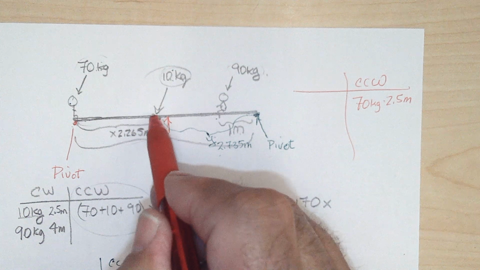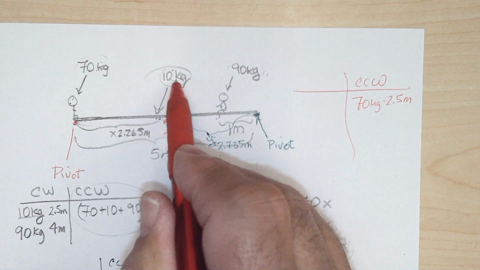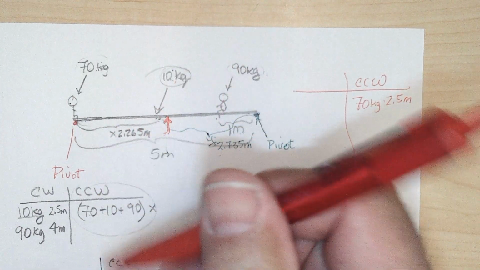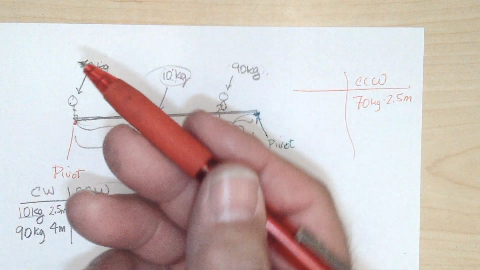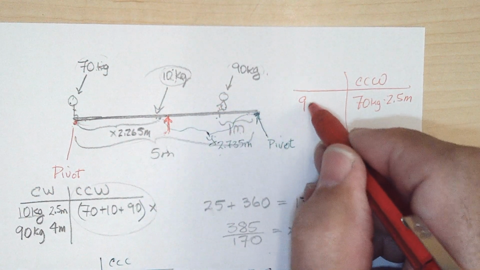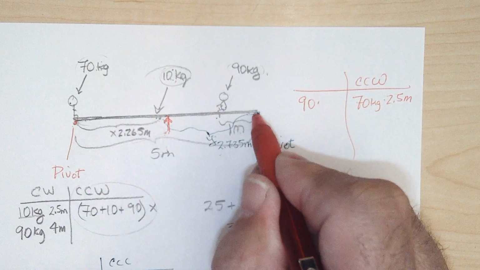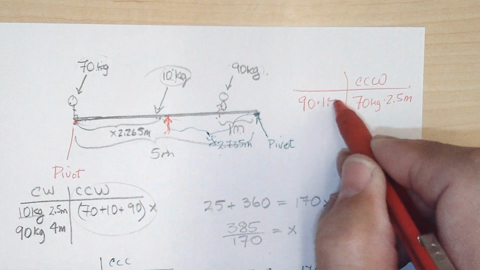The 10, the plank, if I put this right in the center, will be balanced on it, so the 10's not going to make it twist either way. The 90 is going to cause it to twist clockwise, and if that's 2.5, this is 1.5.